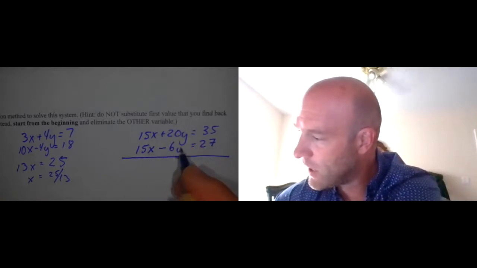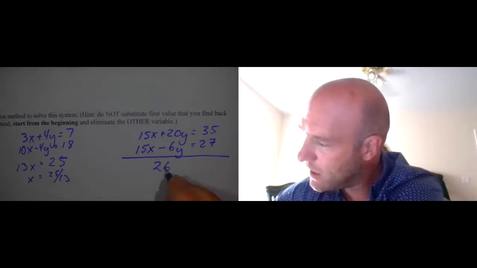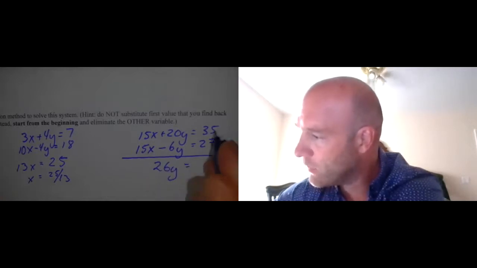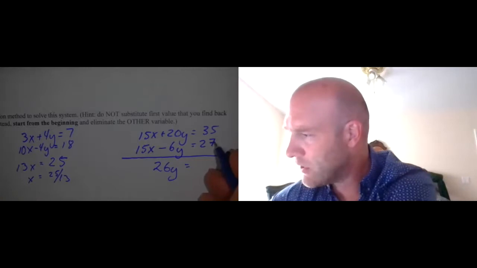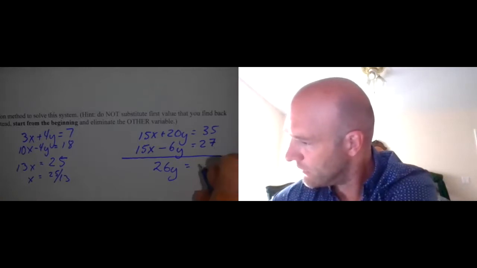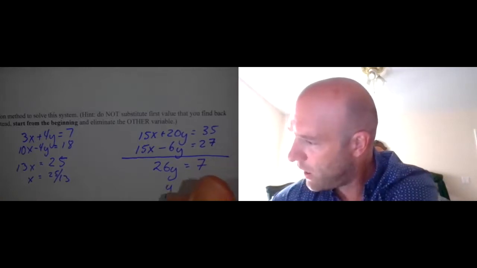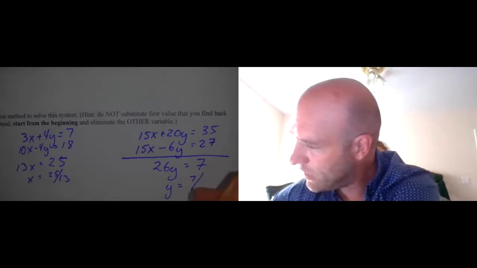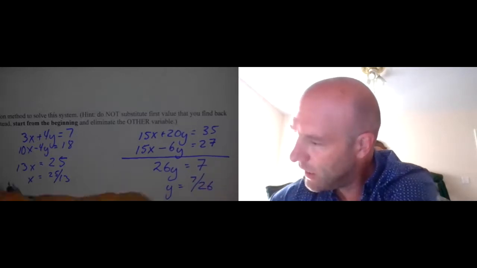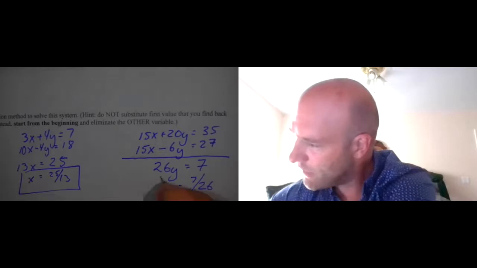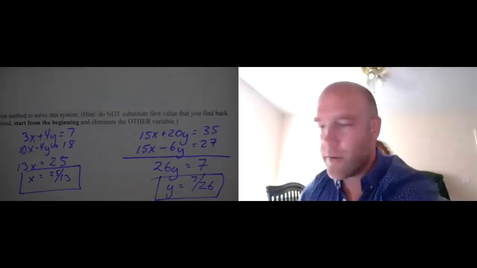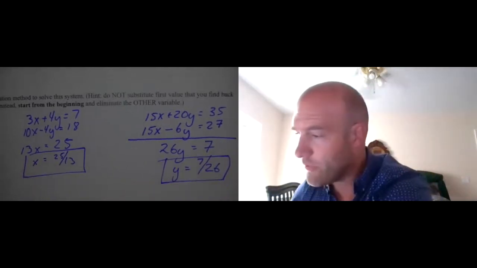So remember, when I subtract a negative, I end up adding. Get 26y equals, and I'm subtracting here. So that does look like another 7, and y apparently equals 7 over 26. Not very friendly answers. Very glad I wasn't supposed to look for those through graphing.